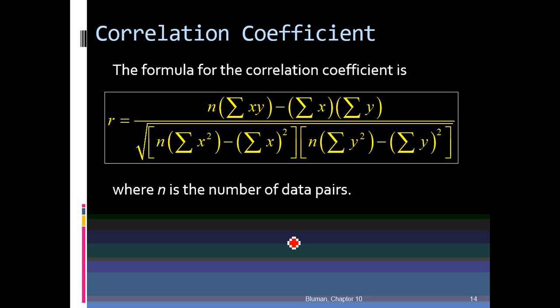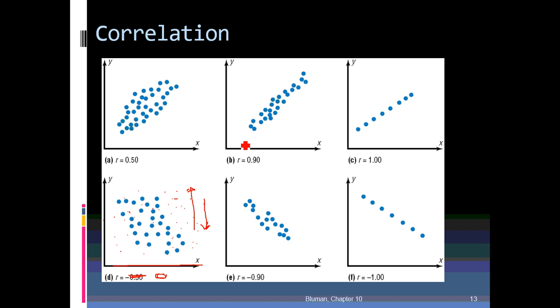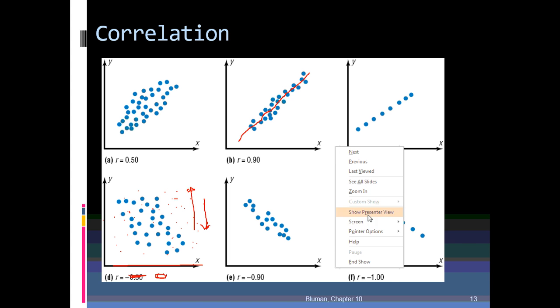If you look at this closely, what this is doing is basically measuring how far away from a line all these points are. So if we drew a line of best fit for this, and this is a horrible line, let's do better.